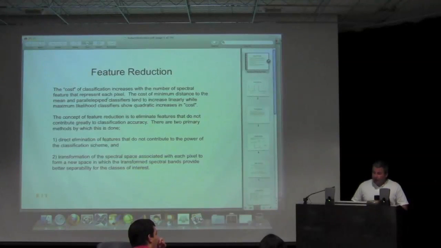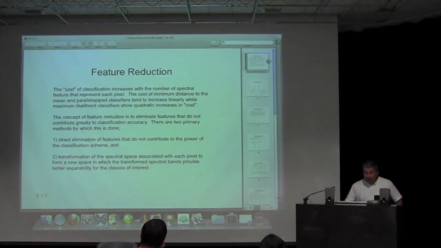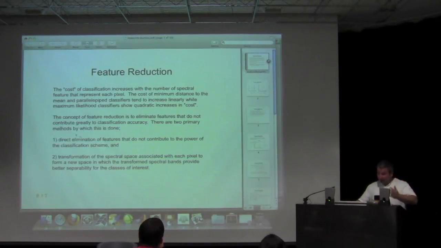When you start to do something like maximum likelihood classifiers, which most people tend to use, that same increase in the number of bands causes a quadratic increase in the runtime. So that's why keeping these things to a minimum is good if you can. All right, so there's many ways we can do this. There's two primary methods. One's direct elimination of features that do not contribute to the power of the classification scheme.